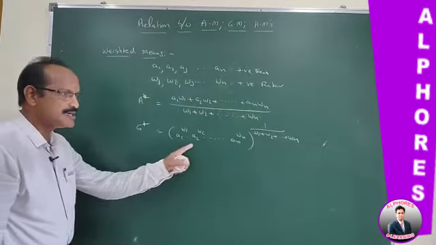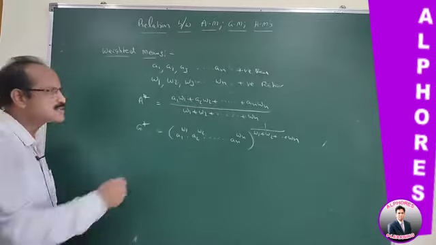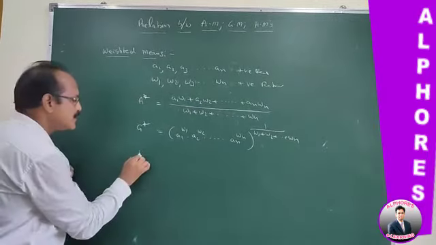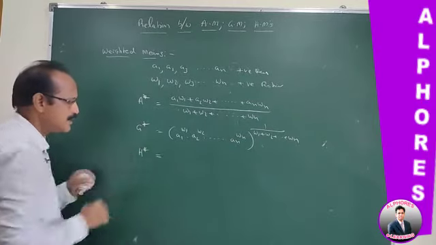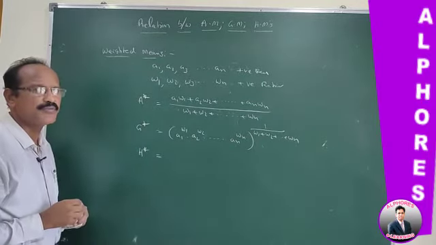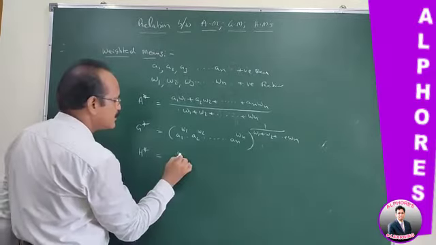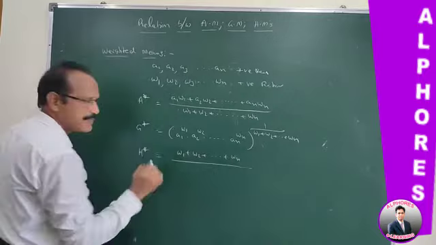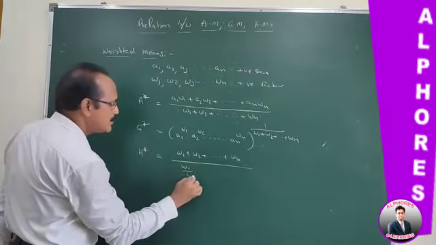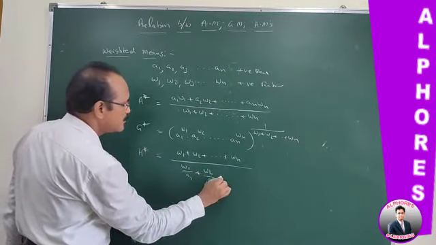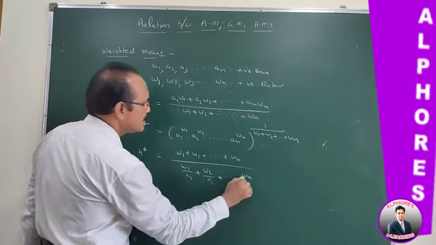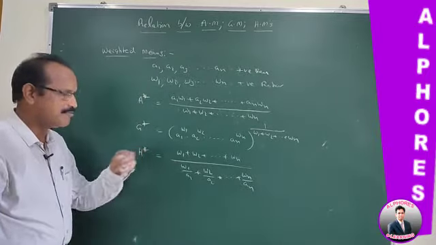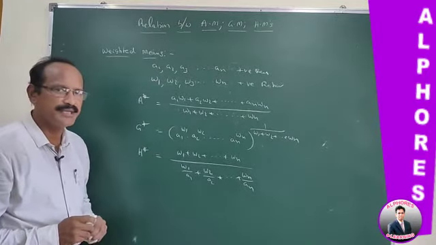It is the weighted geometric mean of finite positive numbers. Next, coming to the weighted harmonic mean, let it be H star. The weighted harmonic mean is given by (W1 plus W2 plus so on Wn) by (W1 by A1 plus W2 by A2 plus so on Wn by An). It is called the weighted harmonic mean.